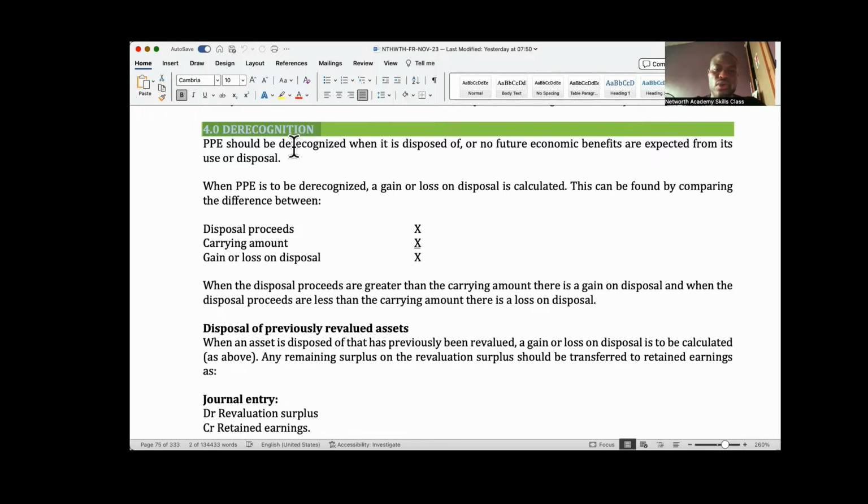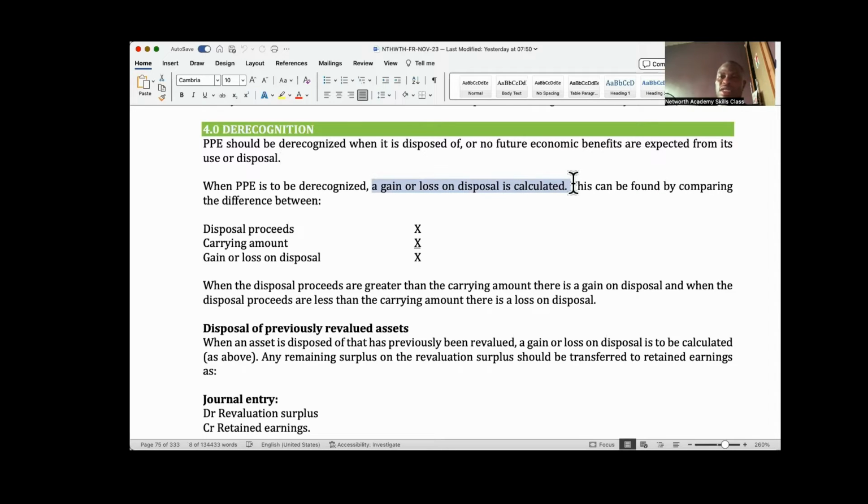So you would derecognize PPE when it is disposed of. That is, when you sell it, or when you are not expecting any future economic benefit from it. So when you sell an item of PPE, just remove it from your books. When an item of PPE is derecognized, you will majorly have to calculate a gain or loss on disposal.